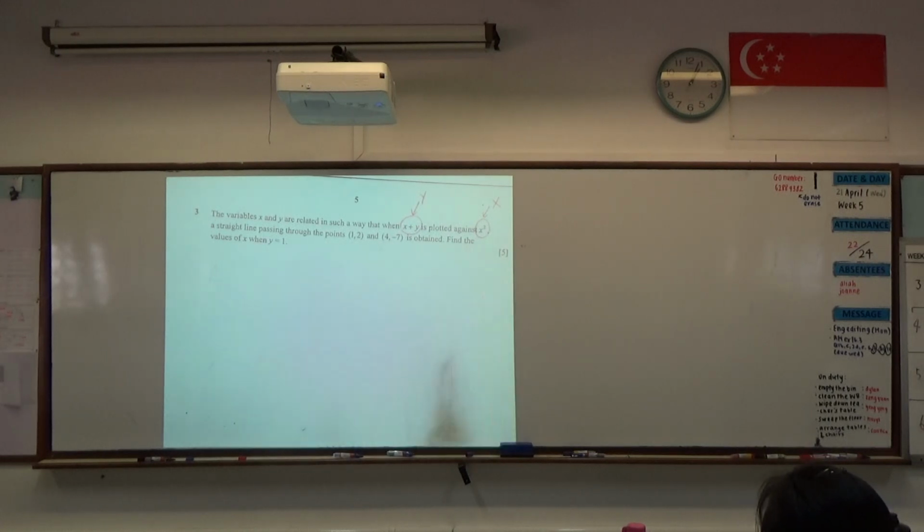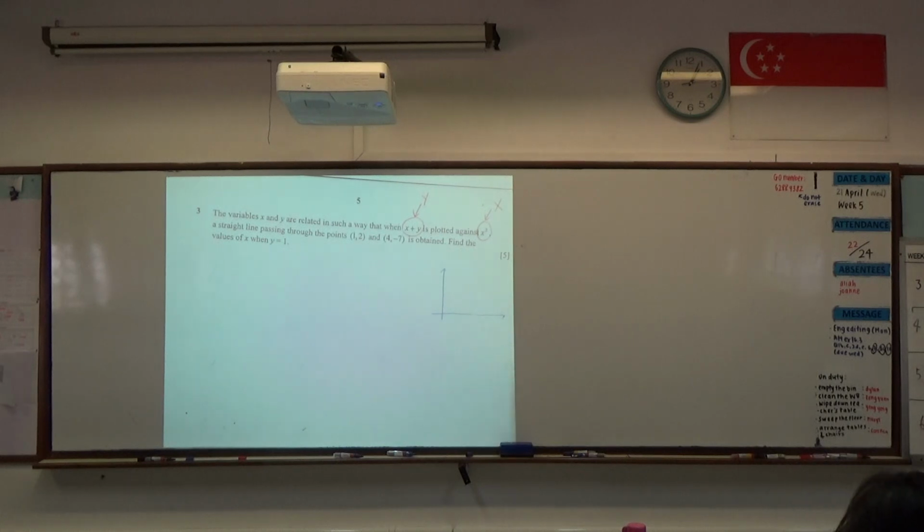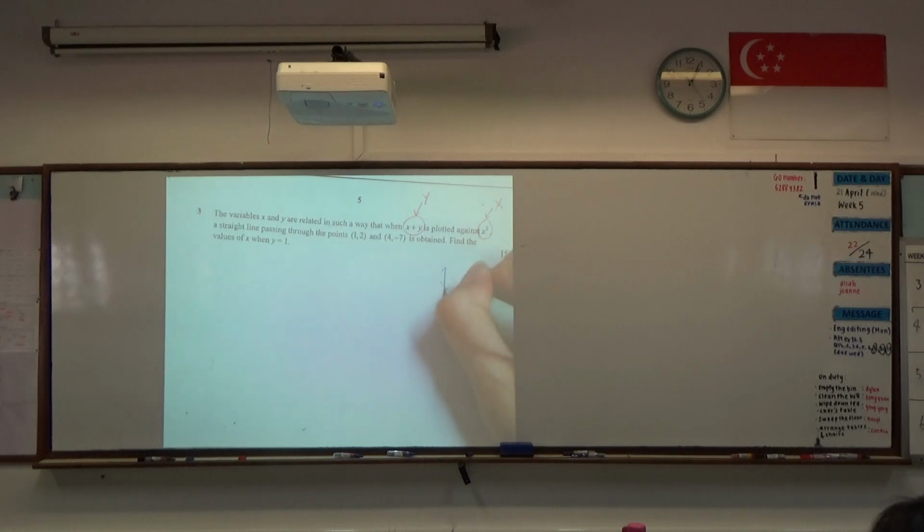So to imagine how this looks like, I don't know whether the graph is upward or downward sloping. It doesn't quite matter. You can just try to imagine it. (1, 2) maybe about here. (4, -7) actually is below. It may be helpful to draw something that is realistic.